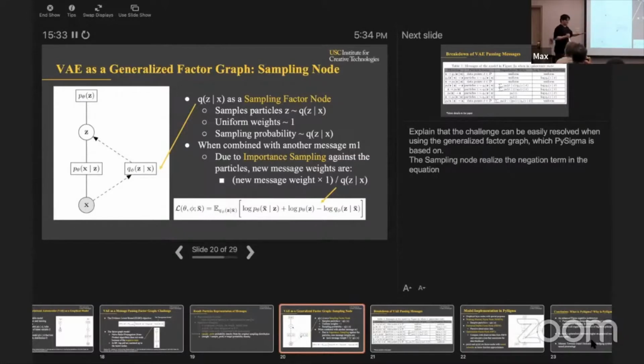There are a lot of technical details; you can check our paper. But the conclusion is that, because of doing this, when the messages get summed up at the latent variable nodes, due to importance sampling we have this term here, and that effectively turns the Q of z given x into the denominator.